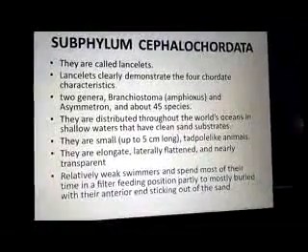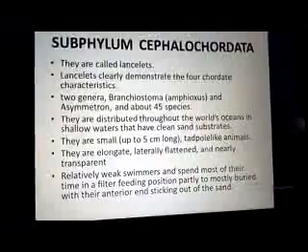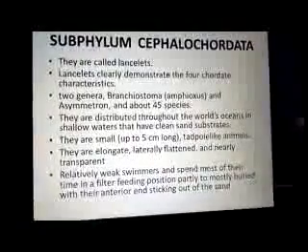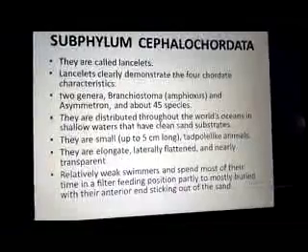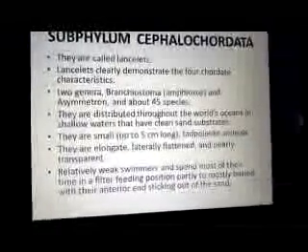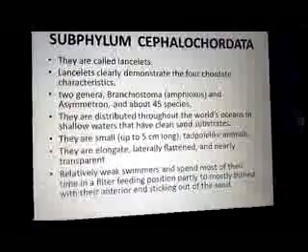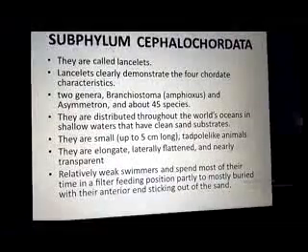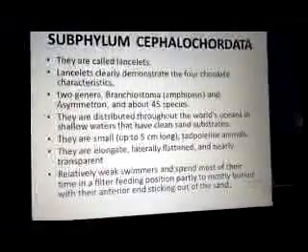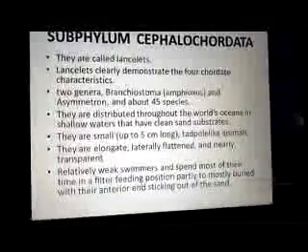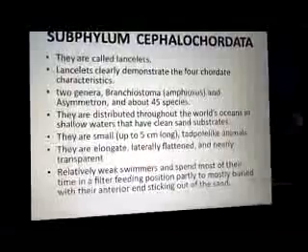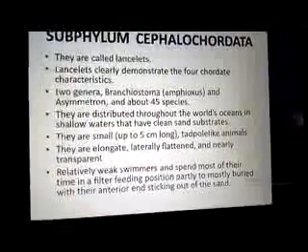These animals are distributed throughout the world's oceans in shallow water that has a clean sandy substrate. These animals are tadpole-like and small in size, up to 5 centimeters long. Their body is elongate, laterally flattened, and nearly transparent.